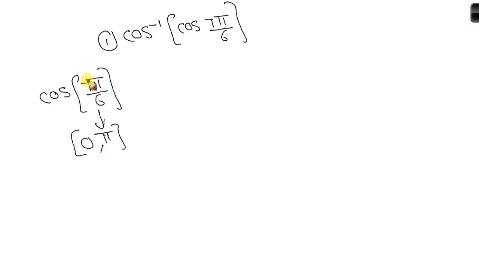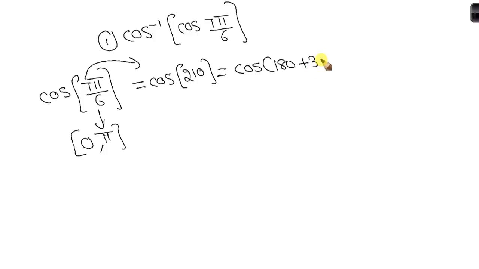So how to change this into the principal value range of 0 to pi: cos of 210 is cos of 180 plus 30. That would be minus cos 30, which is minus root 3 by 2. So cos becomes minus root 3 by 2 for cos 150 in the principal value.